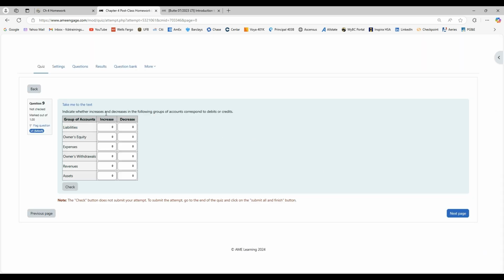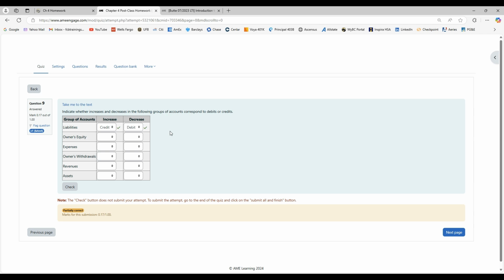Okay, indicate whether increases and decreases correspond to debits or credits. I'll probably do the first one. This is, again, pretty easy work. If you go back to your debit and credit reference chart or the book, it's a very core, important skill to have.